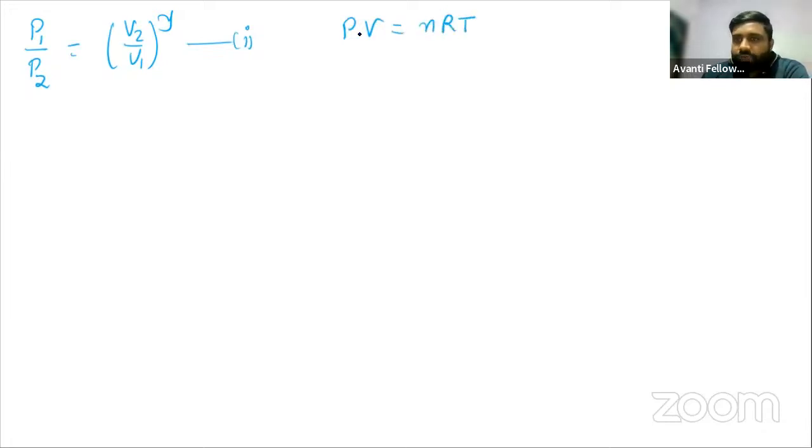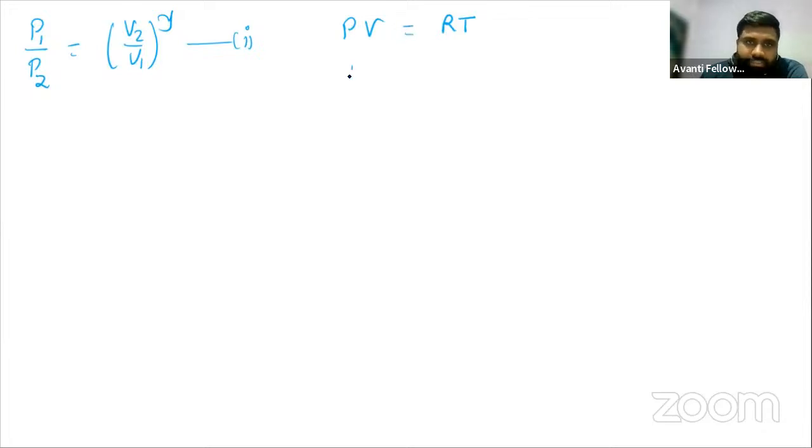So finally, we have P1 by P2 equal to (V2 by V1) raised to the power gamma, and another equation, PV equals nRT. We're talking about only one mole, so n equals 1.